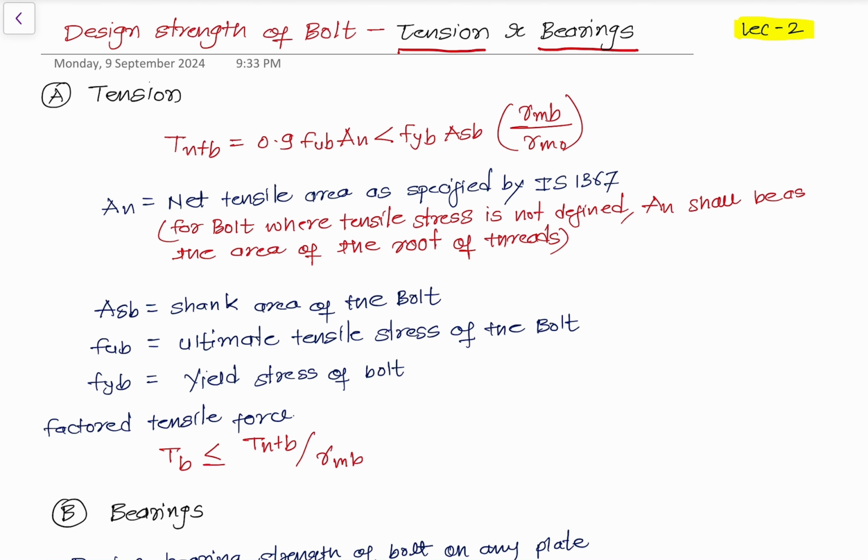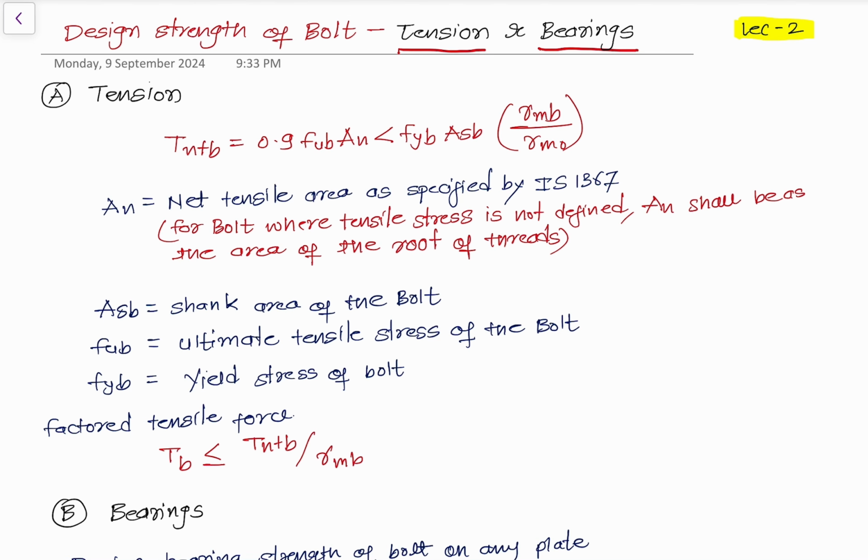Now you can see the formula for tension is represented by Tdb. The design strength is Tdb equals 0.9 FUB An, which should be less than or equal to FYB Asb times gamma mb upon gamma m0.